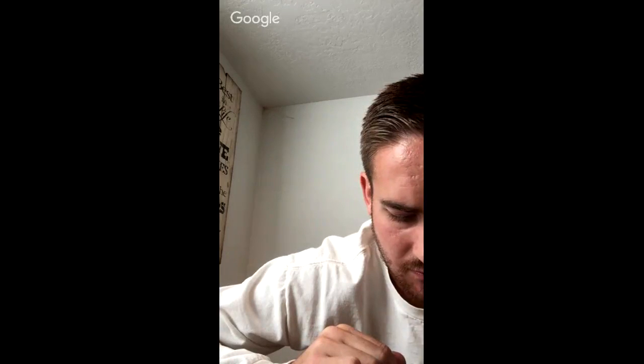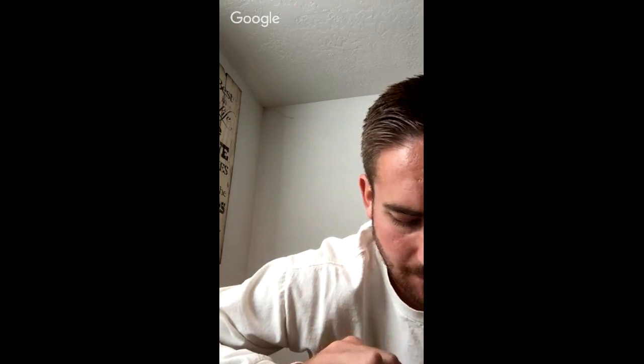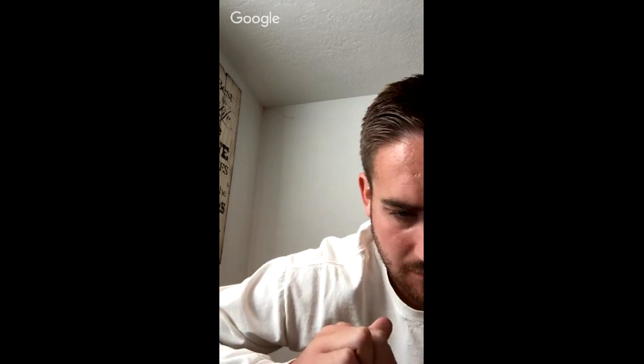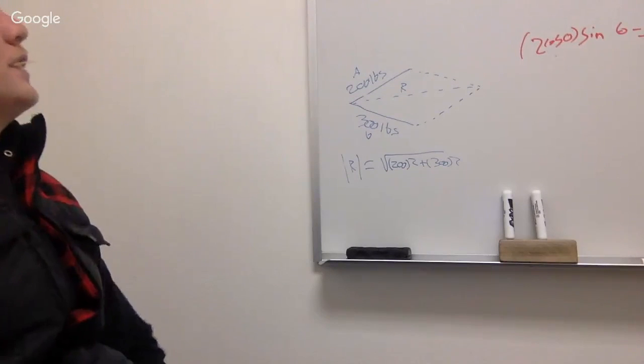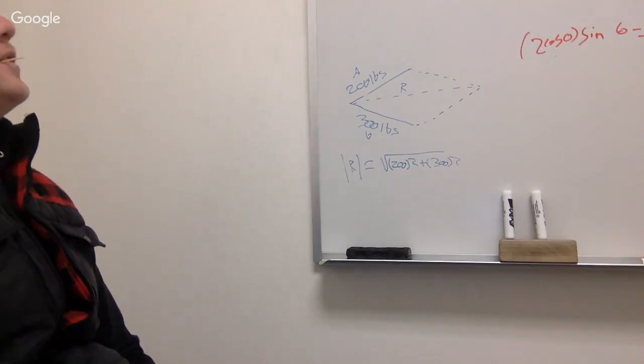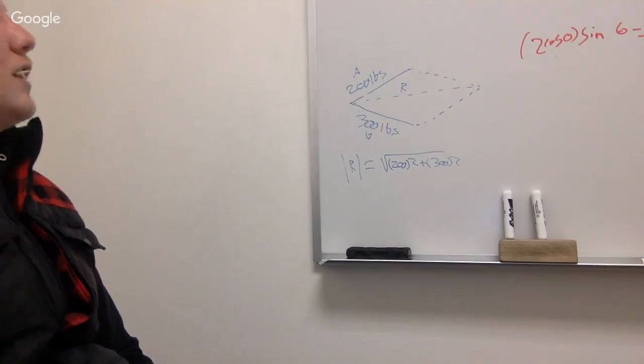It's 425. Because first off, we're not given R. We're given X and Y, aren't we? Yeah, but we can find it.